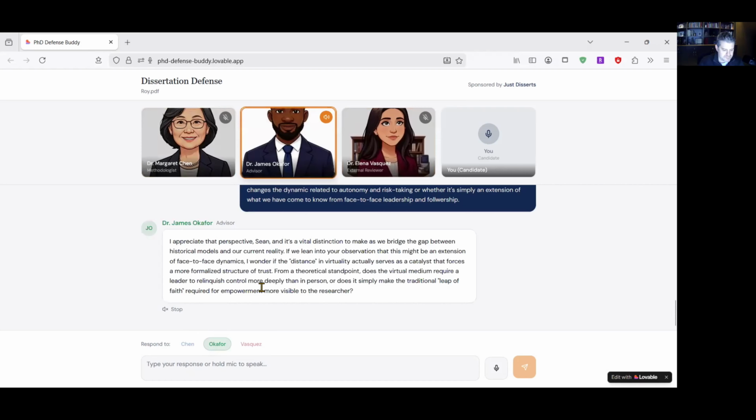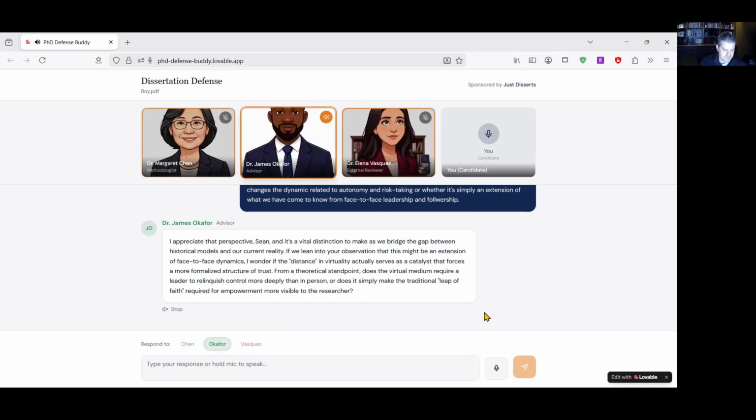I appreciate that perspective, Sean, and it's a vital distinction to make as we bridge the gap between historical models and our current reality. If we lean into your observation that this might be an extension of face-to-face dynamics, I wonder if the distance in virtuality actually serves as a catalyst that forces a more formalized structure of trust.